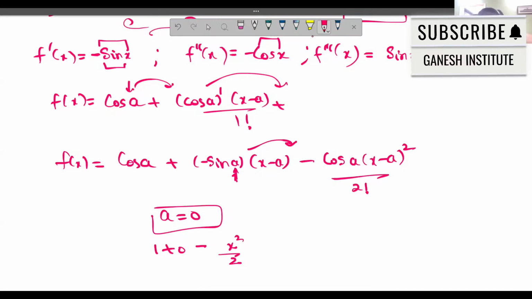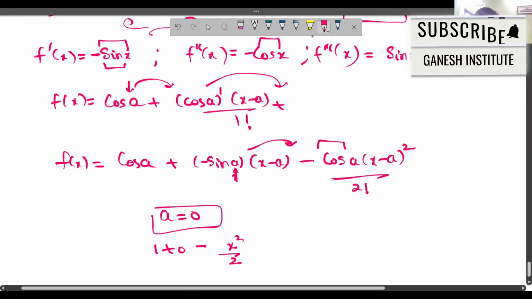So divide by 2. Correct? Then you've got again sin x, so 0 into that. So it's 0. Right, this is the form.